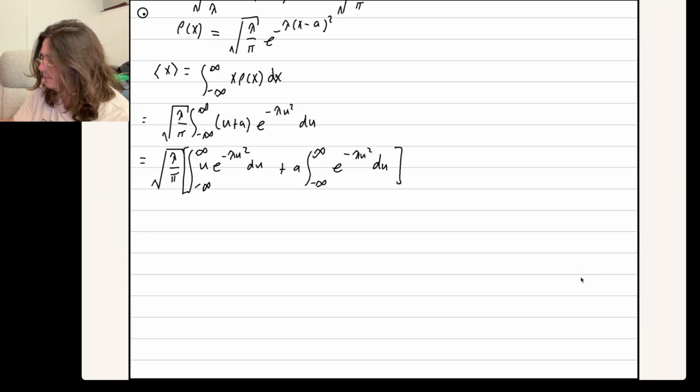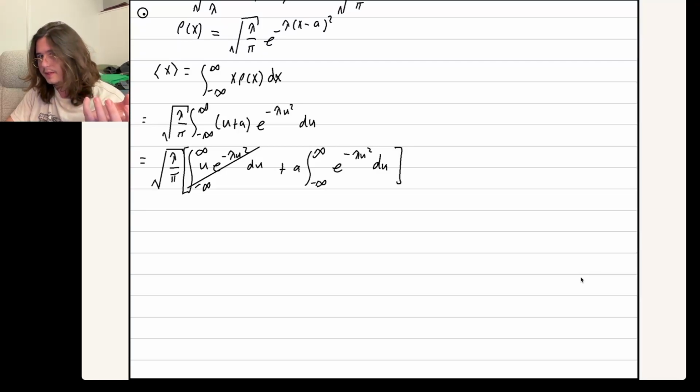And so the integral on the right we've already done. The integral on the left is 0, because what you did there is you multiplied your Gaussian by an odd function, which makes it antisymmetric around 0. So if you take the integral over all space, the components on the left-hand side of 0 cancel out those on the right-hand side of 0, so you just get 0.